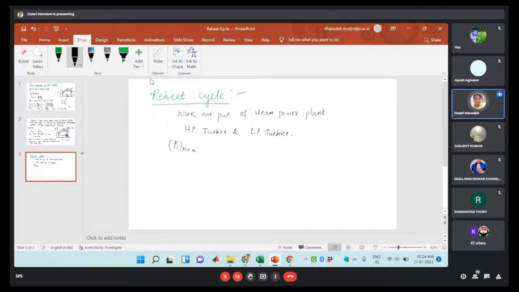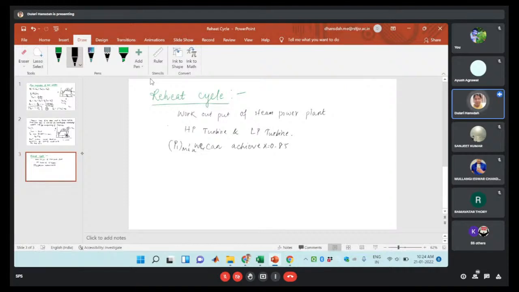Okay, so we can achieve a quality of steam up to 0.85. Okay, so x is equal to 0.85. So in that case, we are performing the expansion of the steam in two stages.